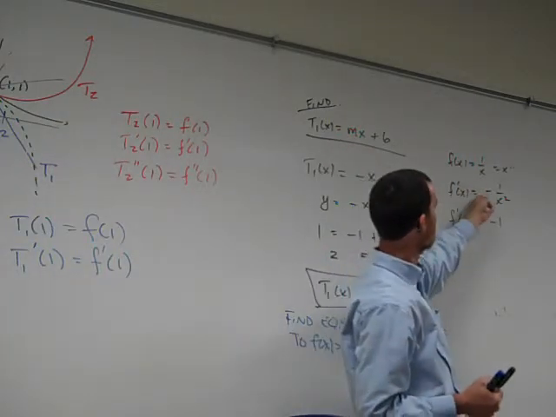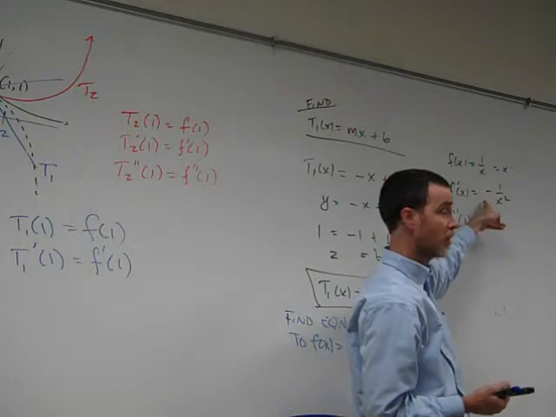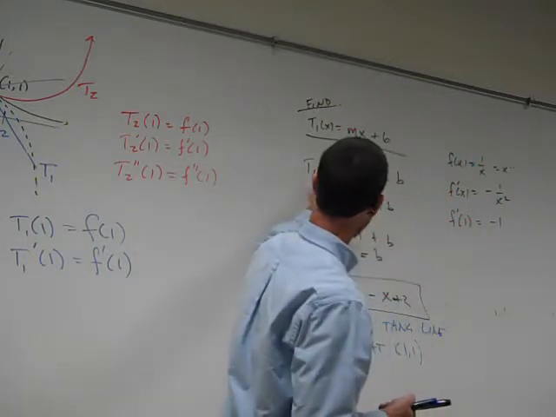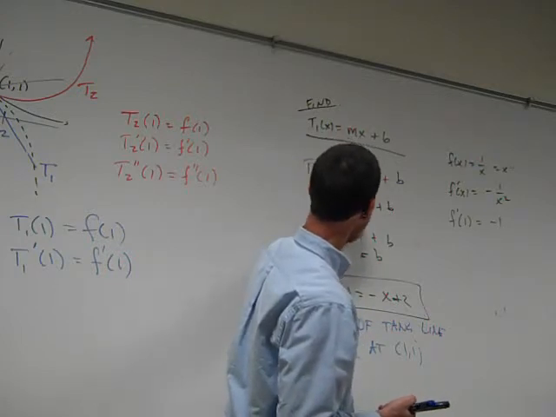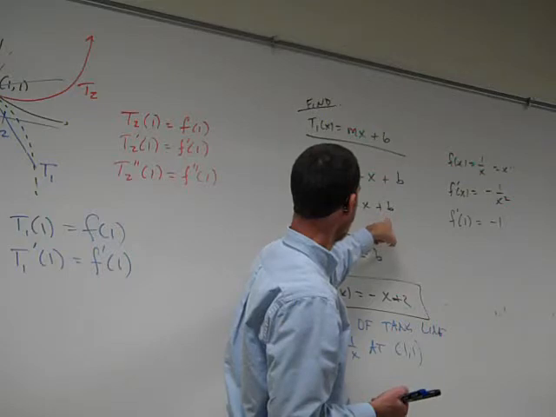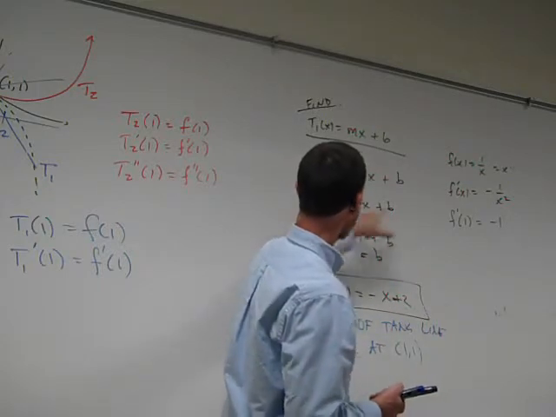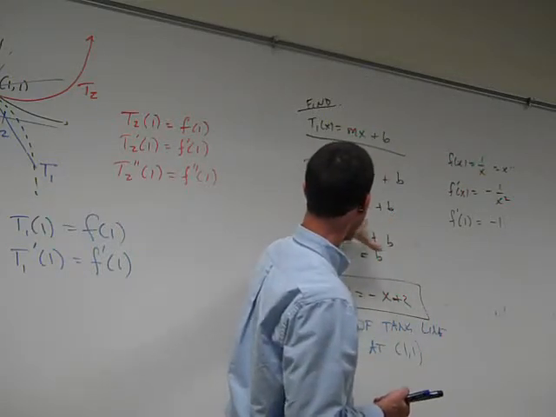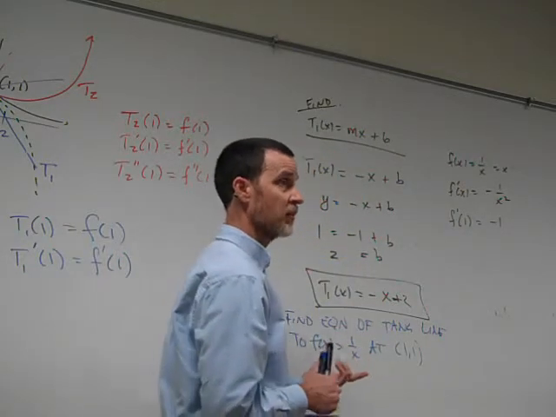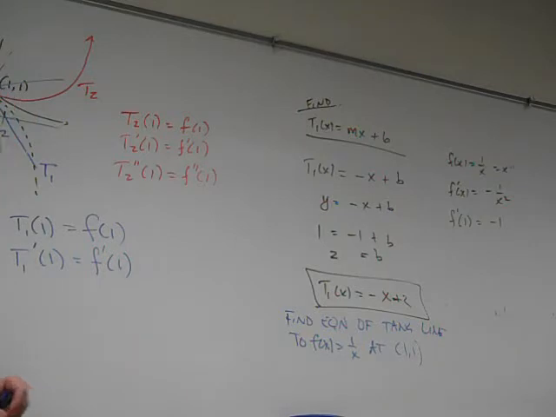Derivative of the function is negative 1 over x squared. You plug the point in. That's my slope. So my line is y equals negative 1x plus b. Then I want to find the y-intercept, b, so I plug my point in, 1, 1. B is 2. There's my equation of my line. Everybody did that in Calculus 1.